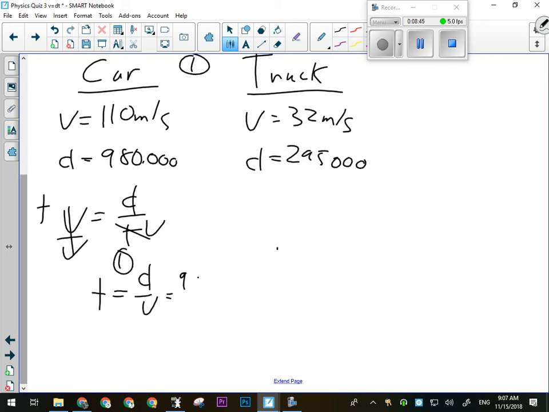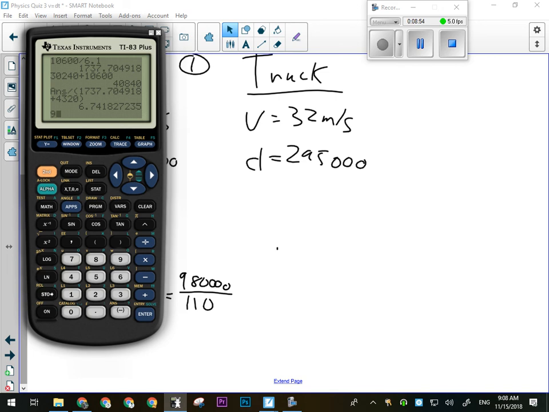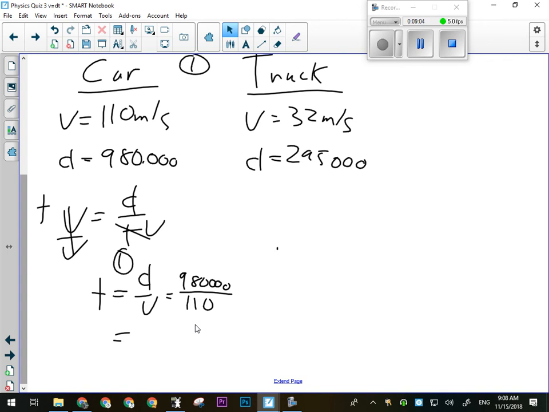For the car, that'll be 980,000 divided by 110. So it's going to take the car 8,909.1 seconds. They can have a mark for that.